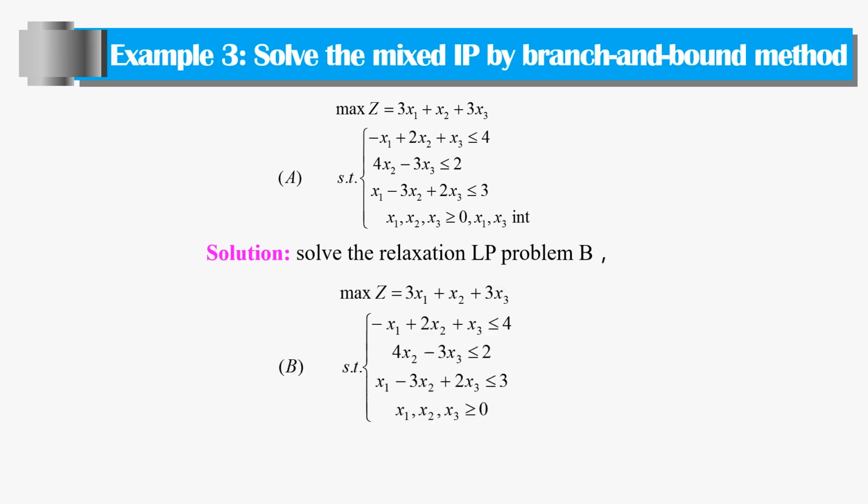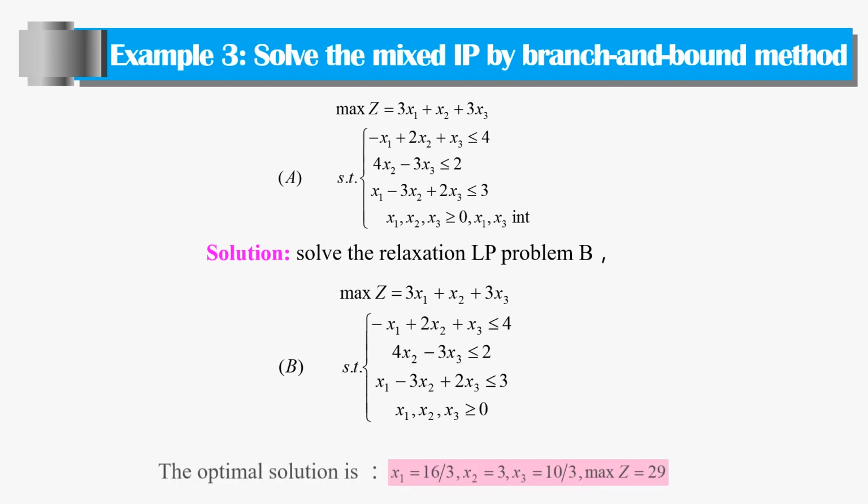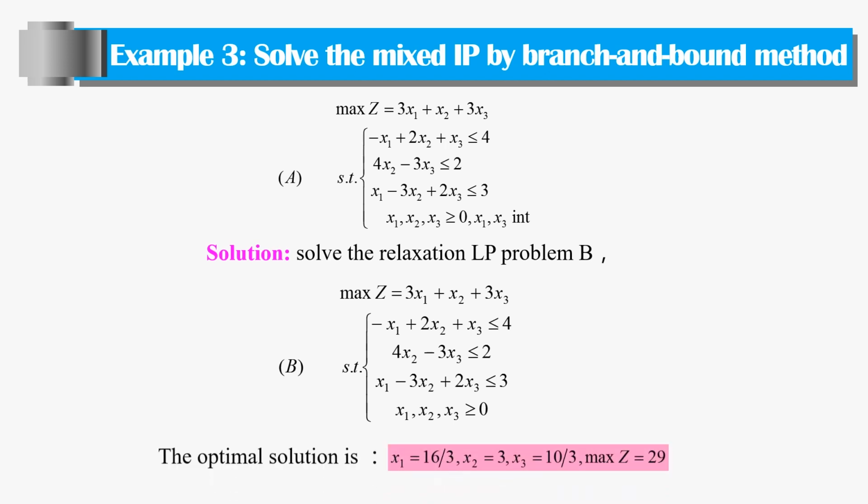Similar to the former 2 models, we solve the relaxation program, denoted program B, by deleting all the integer restrictions, so it is an LP program. We solve it and get an optimal solution. We notice that in this solution, x1 is not an integer, so this solution does not meet the requirements.